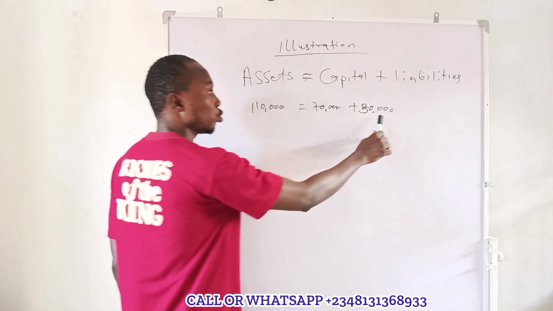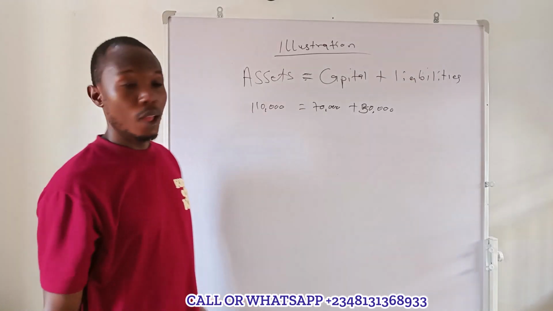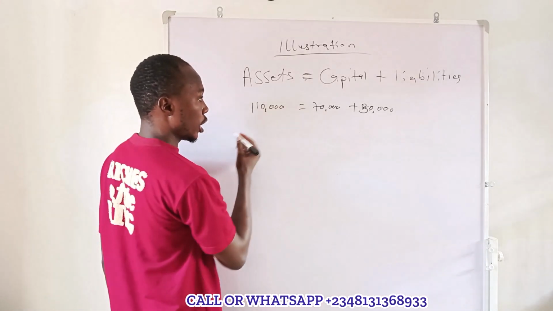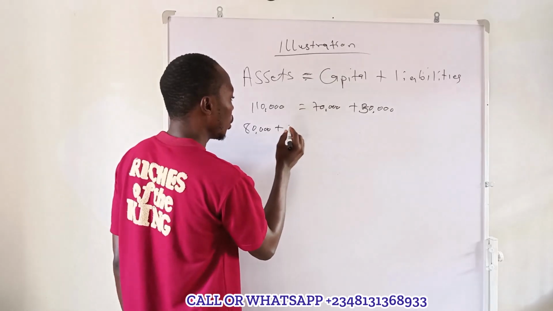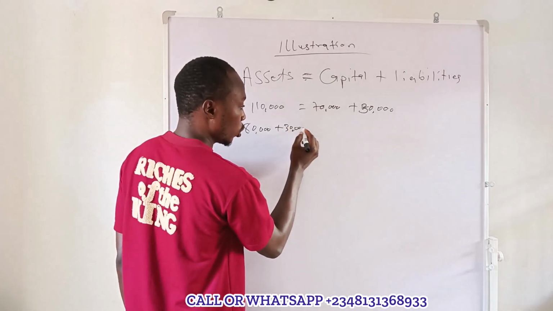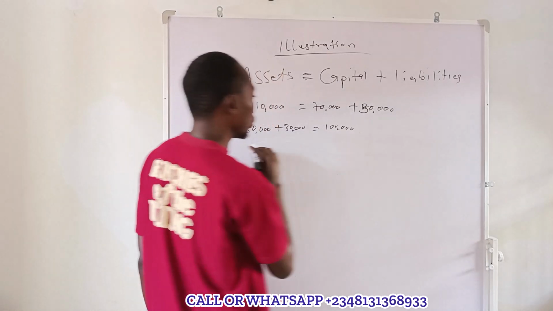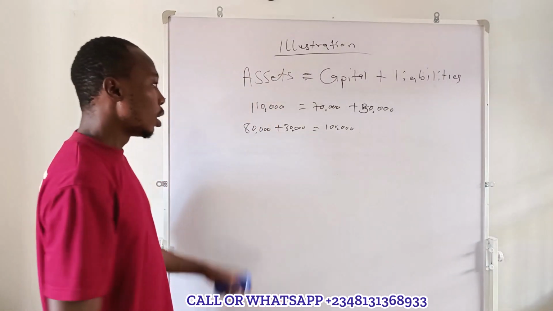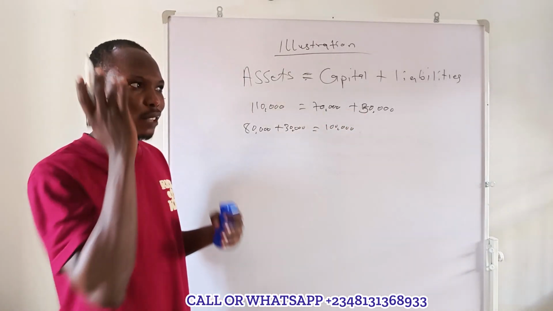So we overstated the two by 5,000. Or it's possible we overstated just the capital. The 70,000 that's supposed to be recorded here was recorded as 80,000. So 80,000 plus the 30,000, which was recorded correctly, then here is 100,000, this 110 to 100,000. So this is how you can actually think about it.